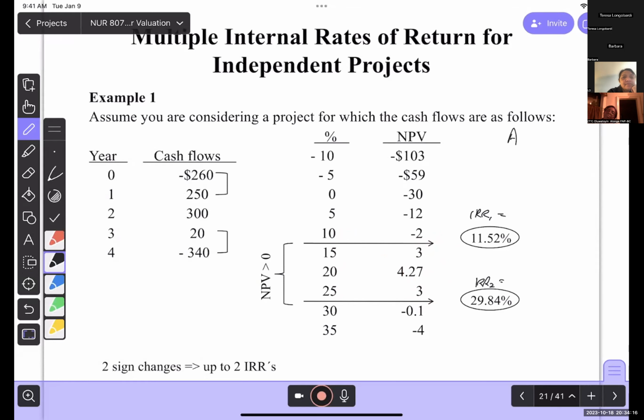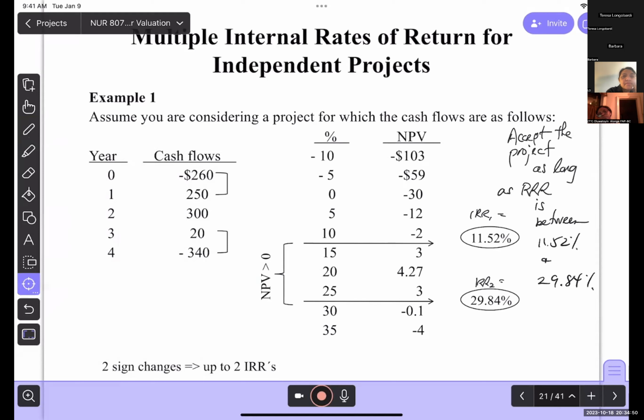So it means accept the project or pursue the project as long as the required rate of return used by the firm is between these two numbers. And like I said before, that's not unusual. It's not an unusual range, so it's probably going to be accepted.